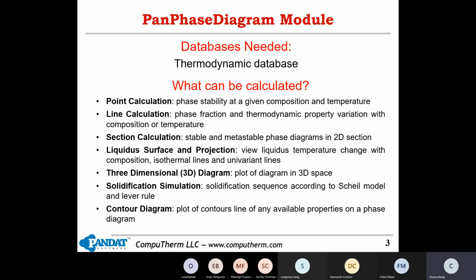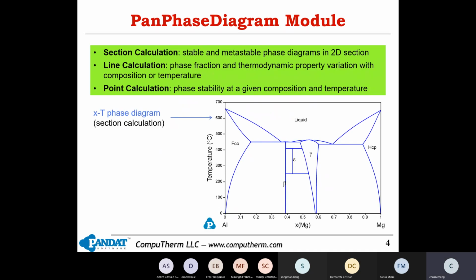This is the Pandat phase diagram module. Here, I just list some basic functions of the module. You can see we can do point calculation, line calculation, section calculation, and others. I will briefly mention these functions next. This is a typical composition and temperature phase diagram for the aluminum-magnesium system, which can be obtained from the section calculation.